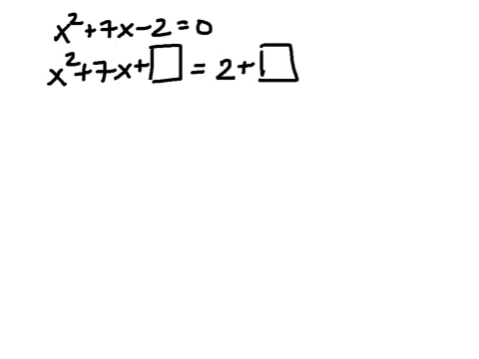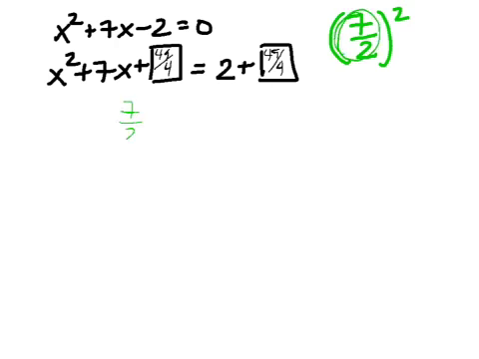So if we take the middle number, 7, and we divide by 2, and then square it, we get 49/4. And if you notice, the 7/2 becomes what's in the parenthesis.